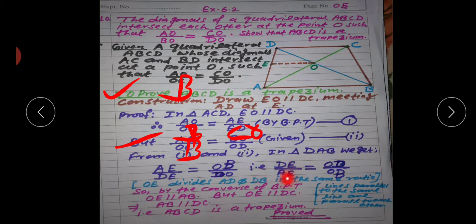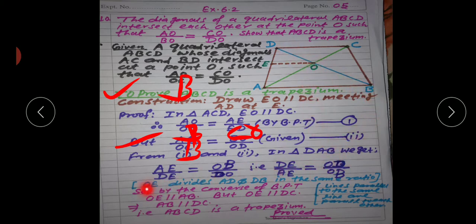That is DE upon AE is equal to OD upon OB. That means line segments DA and DB are divided by this line segment in the same ratio. DE upon EA is equal to OD upon OB.